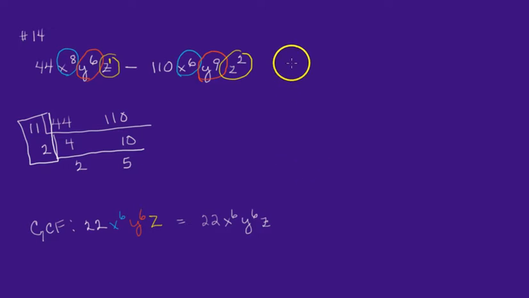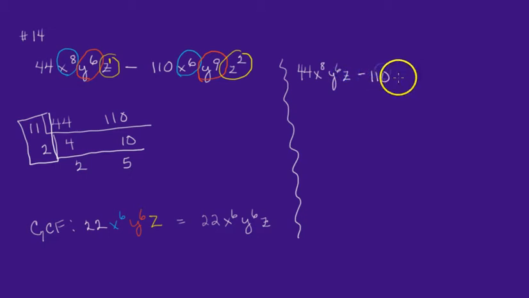So let's see how this looks. Our original problem was 44 x to the 8th, y to the 6th, z to the 1st power, minus 110 x to the 6th, y to the 9th, z squared.